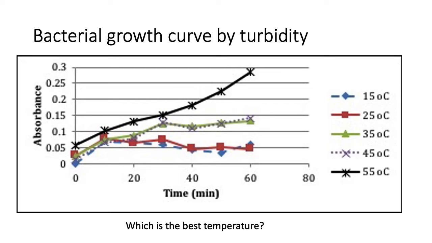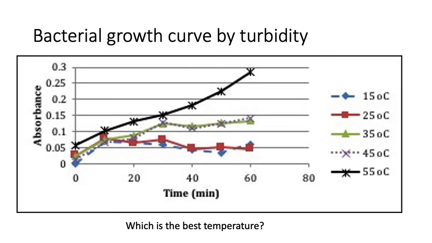The same bacterial culture, I believe this was E. coli, was placed in the same medium and then incubated at different temperatures. And then you were measuring the optical density, actually here we were looking at every 10 minutes. You can see on the right the legend of the different temperatures, and you can see how in some cases it didn't increase very much, in others it increased much higher.